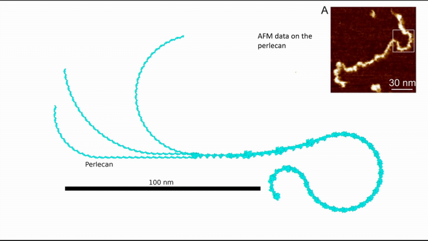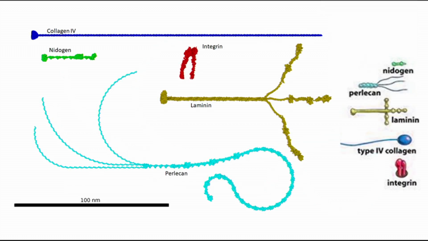If we apply this approach to all the other molecules of the basement membrane, this is what we obtain. We apply the same method to get collagen 4, nidogen, integrin, laminin. And what struck us the most, the first time we saw all these molecules together, is the sheer scale of these molecules.